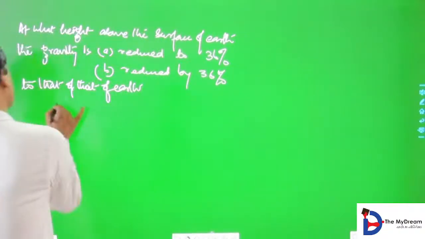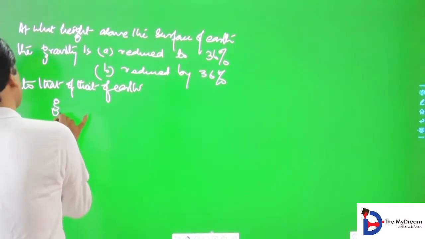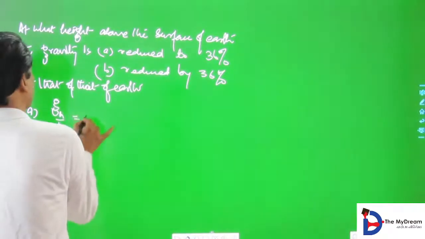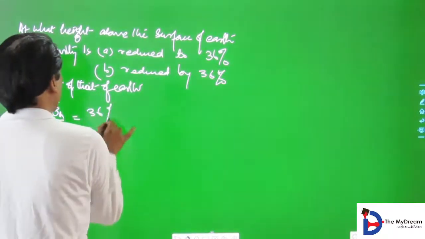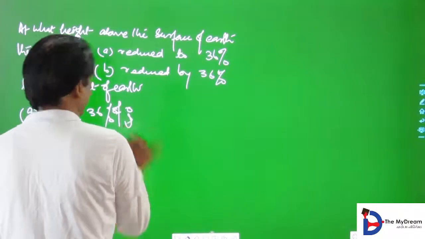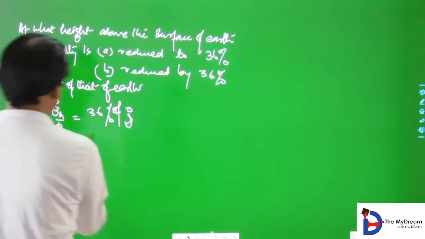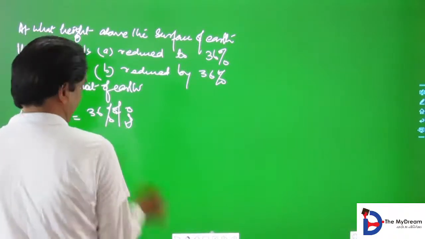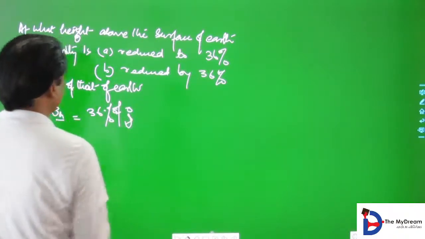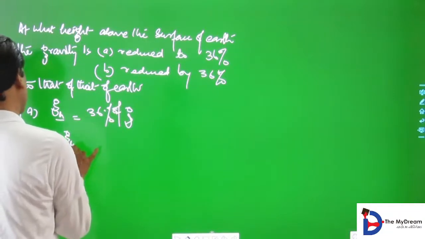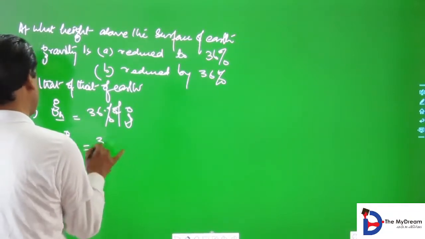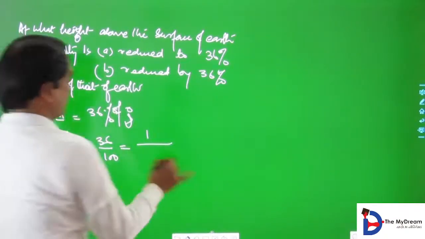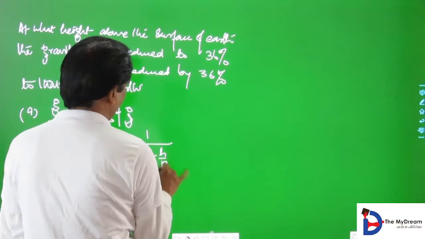So GH by G, first 36% of G. So GH by G is 36 by 100, which is equal to 1 plus H by R whole square.